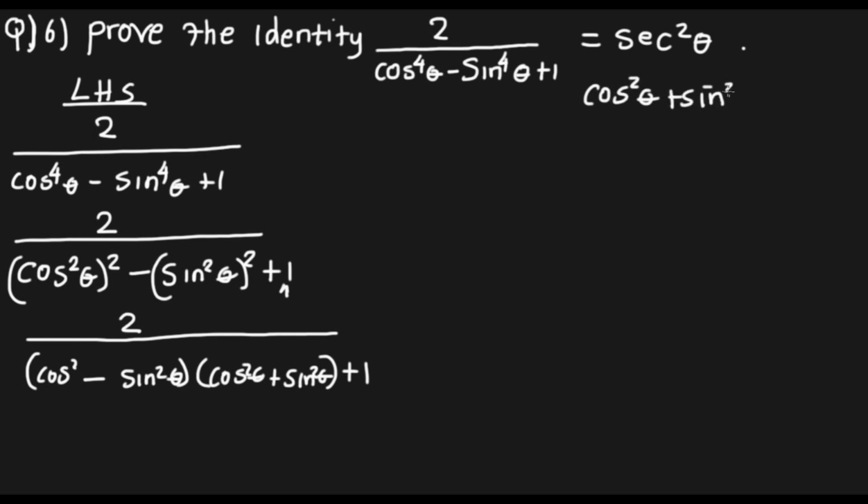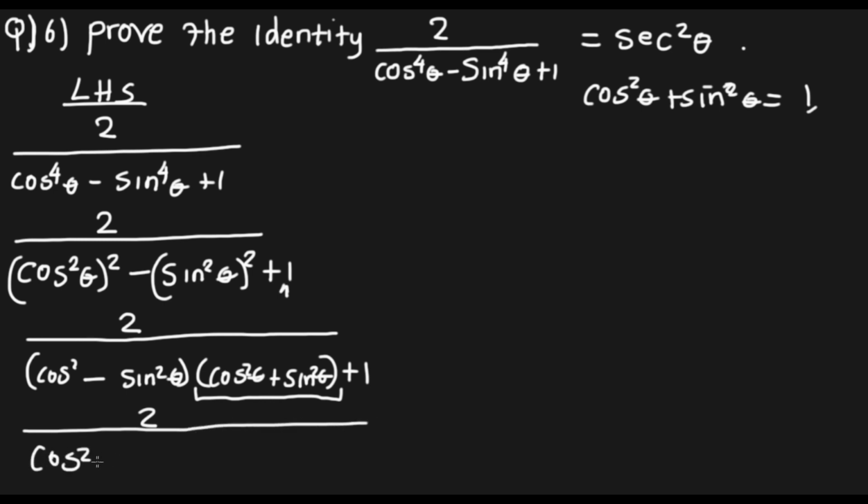This is one of the identities that you need to know, must equal 1. So where there is this part here, we are going to substitute with 1. Right, so we proceed from here.